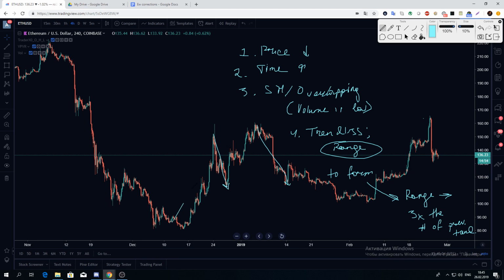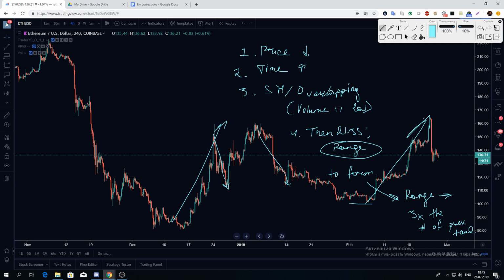So if you would look at one-to-one extension here for ETH, in terms of price, when you're looking at impulse, you'll be looking at the same time for the legs in the same direction within a corrective pattern. Okay? So once again, here are a few things that we should understand.